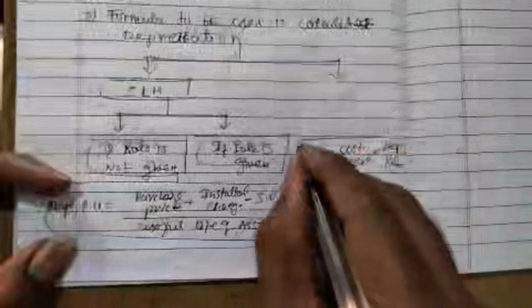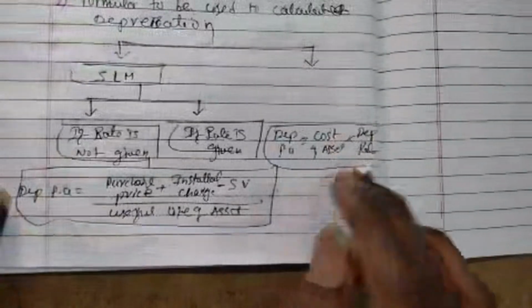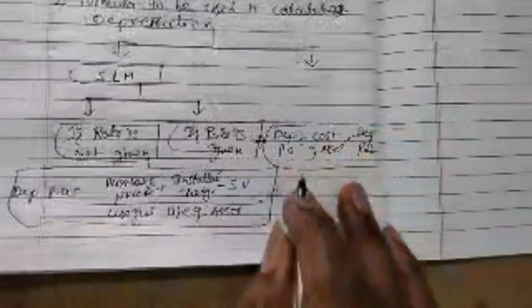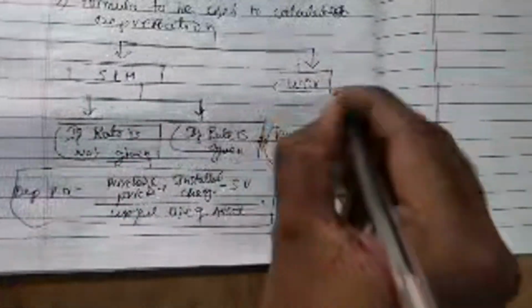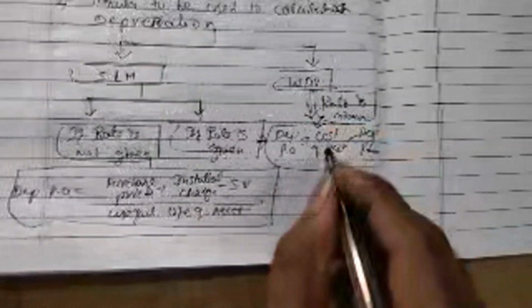This formula is used in both cases, whether it is straight line method if rate is given, or written down value method. In written down value method, generally rate is given. So if rate is given, we will use this formula, cost of asset into depreciation rate.